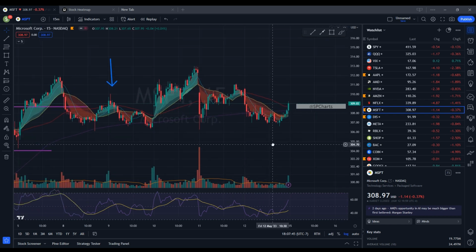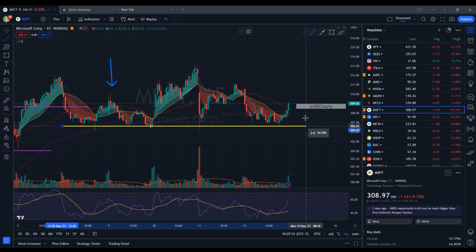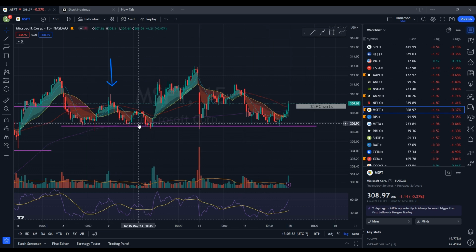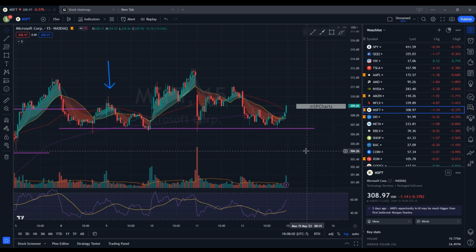Okay, let's see, Microsoft. I kind of see a lot of support around this area right here. So it wicked off this, a few consolidation candles, kind of wicked off this, and it continues here. So it's bounced quite a bit. We had some decent volume coming in. It's breaking all the EMAs to the upside.